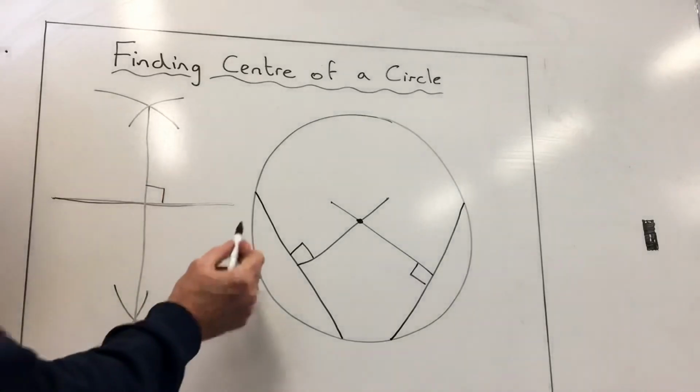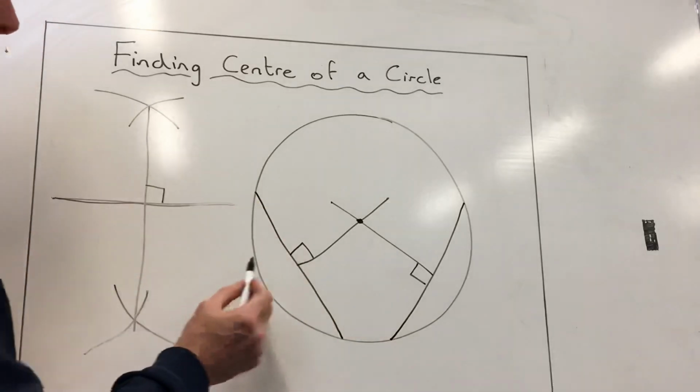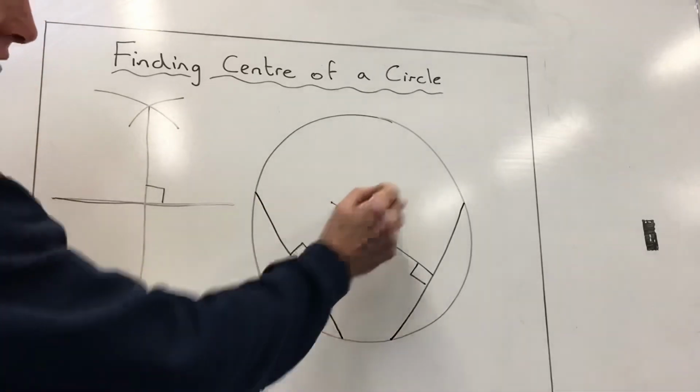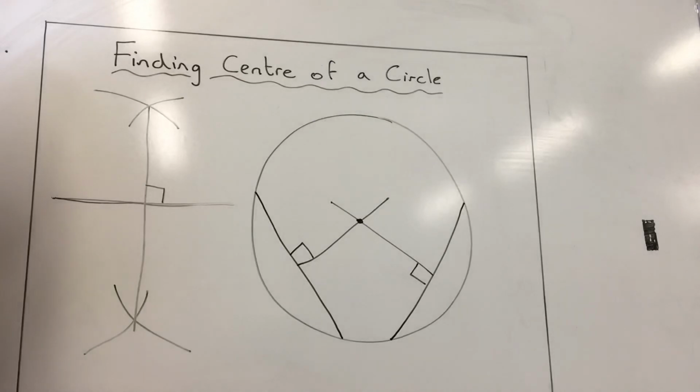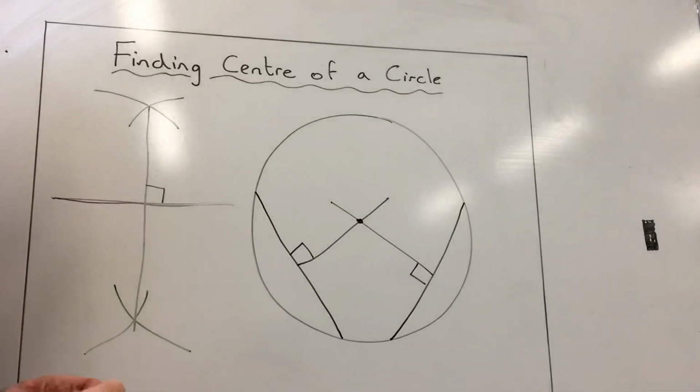You could apply that to these two chords, perpendicularly bisect by doing arcs, and drawing the line if you didn't have a protractor or you weren't sure that that was a perfect right angle. But that's how to find the centre of a circle.